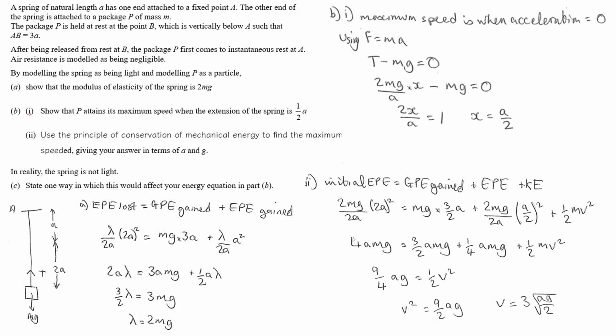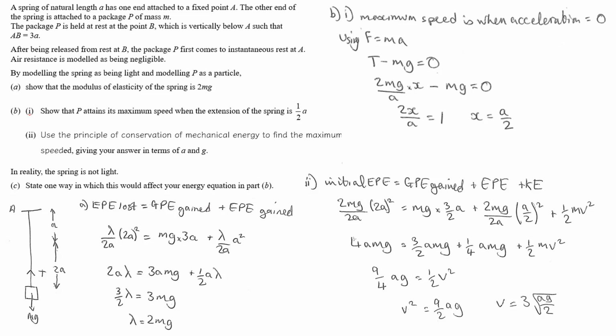So that initial elastic potential energy, the only thing it's got at the start, has been converted to the gravitational potential energy gained, which is mg times 2/3 of A. Now, sorry, not 2/3, 3/2.